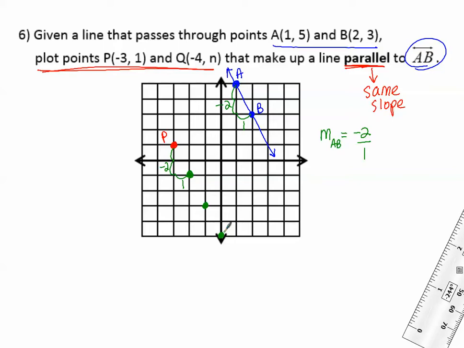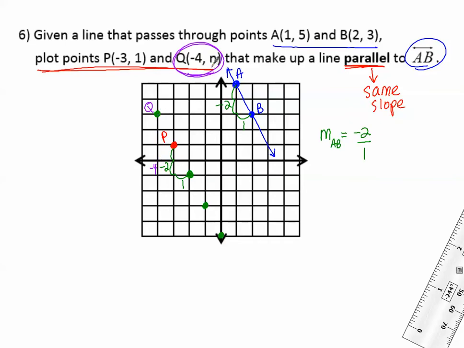Now they specifically want point Q that is at the x-coordinate of -4. 1, 2, 3, 4. But we don't have a point there, so we need to do our slope backwards. Instead of down 2, up 2, and left 1. Now there is point Q because that has the x value -4.